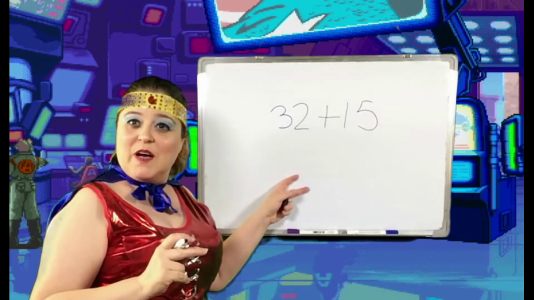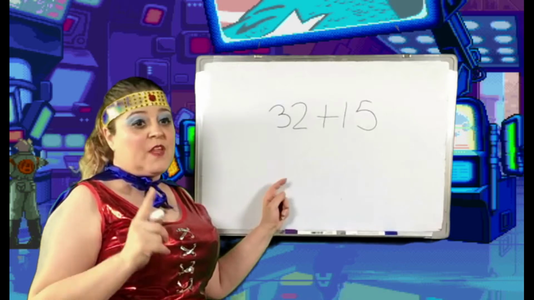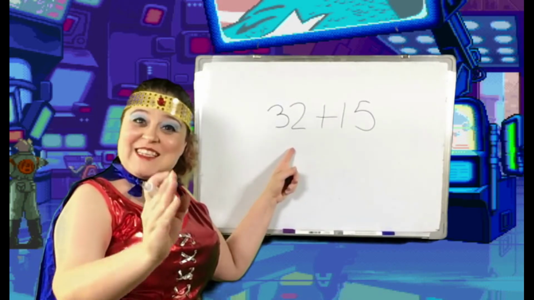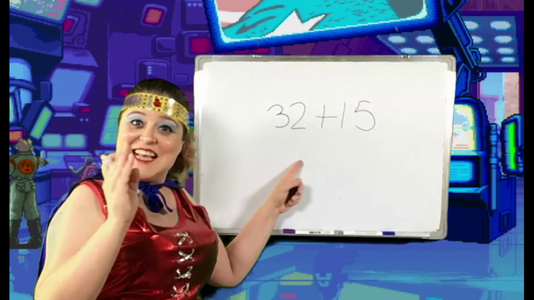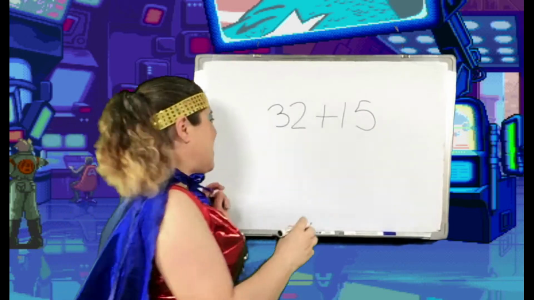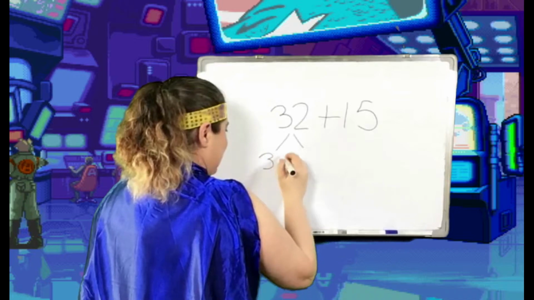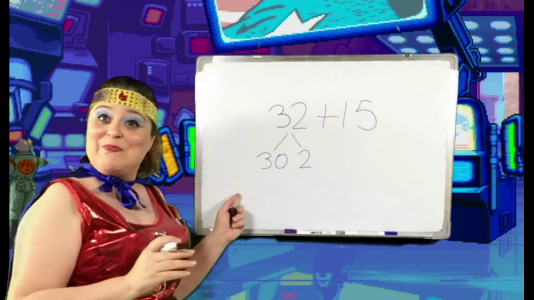Here we have the sum, 32 plus 15. So, what numbers will we get if we partition 32 into tens and ones? That's right. We will get 30 and 2.